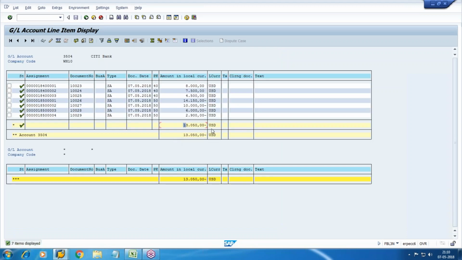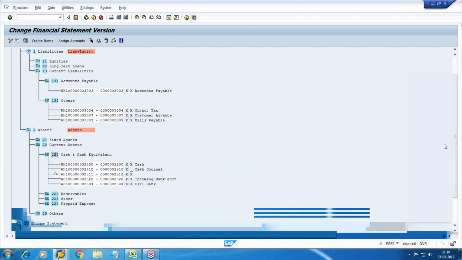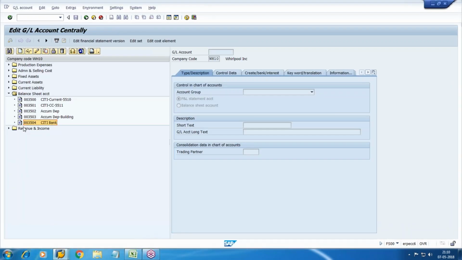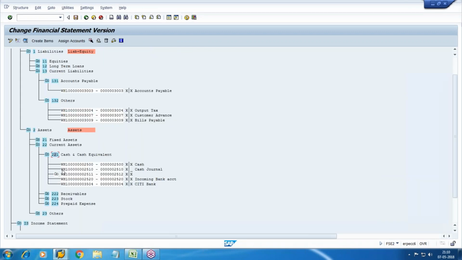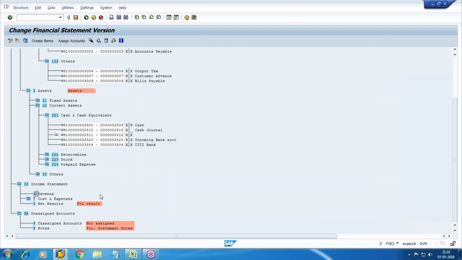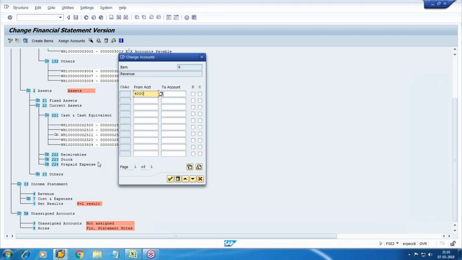It's a negative balance, credit balance is there. Then what left? Revenue. Credit balance.